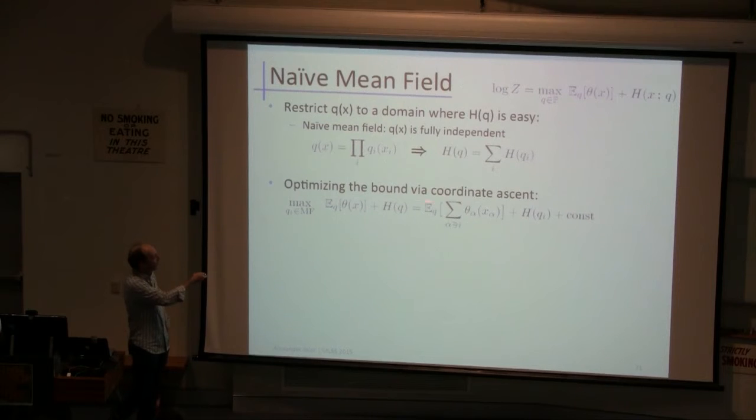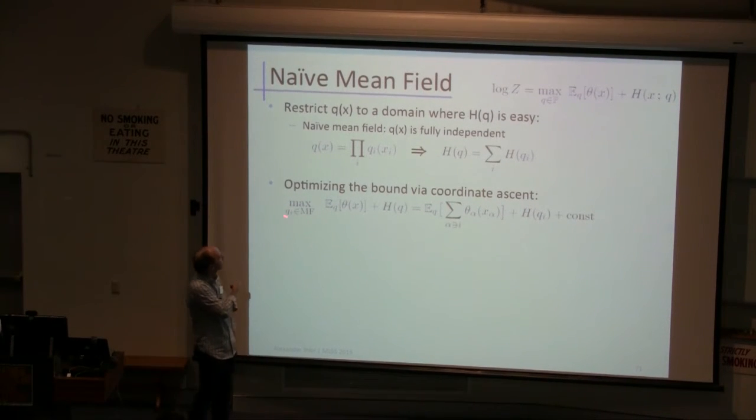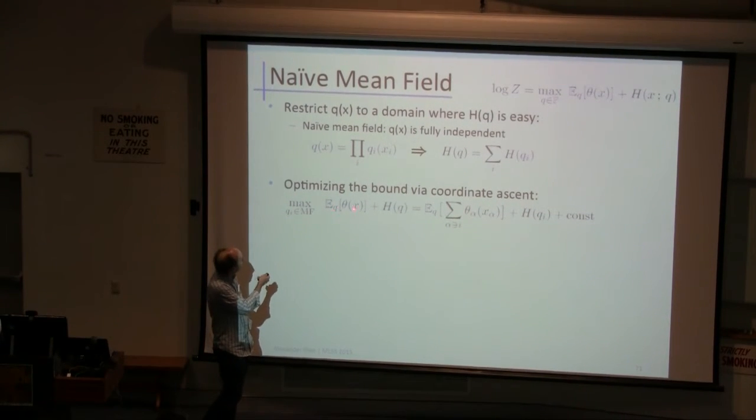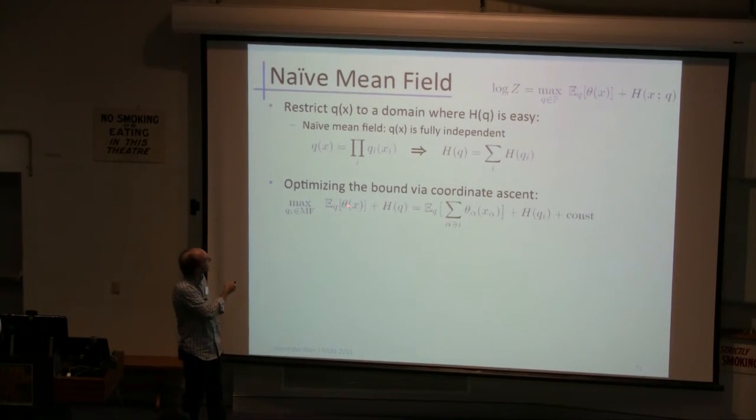Okay, so the coordinate ascent version of this: if we update just one qi, so the distribution of just xi, fixing all the others, in this expectation the only terms that depend on qi are the theta alphas, the cliques that include xi.